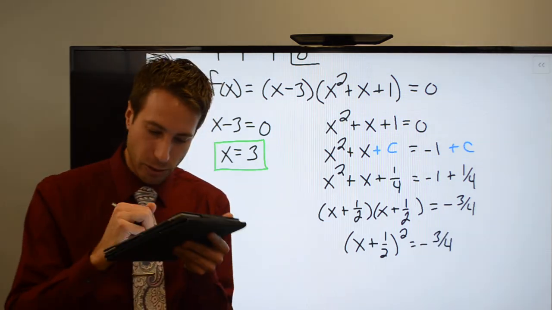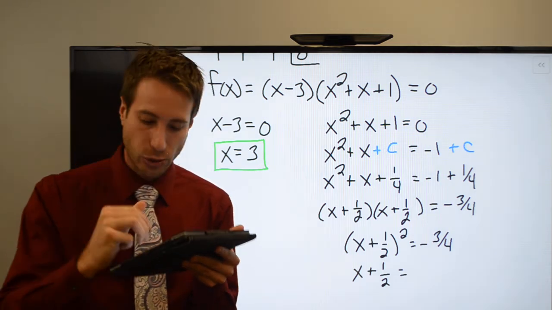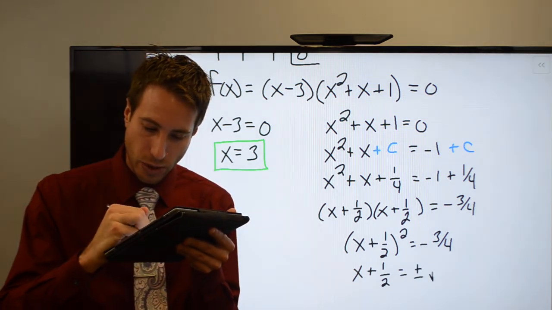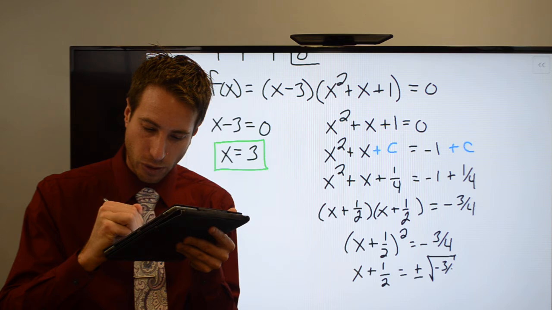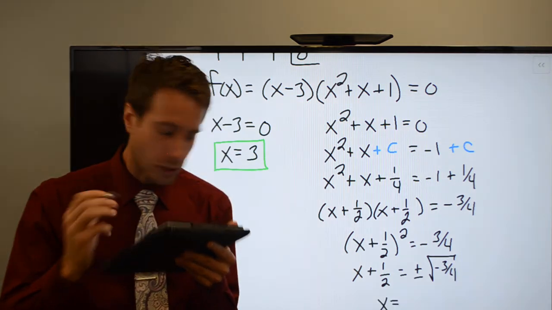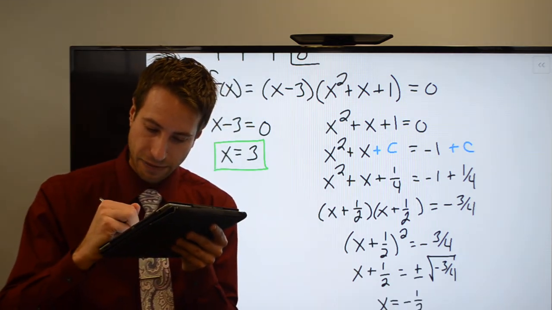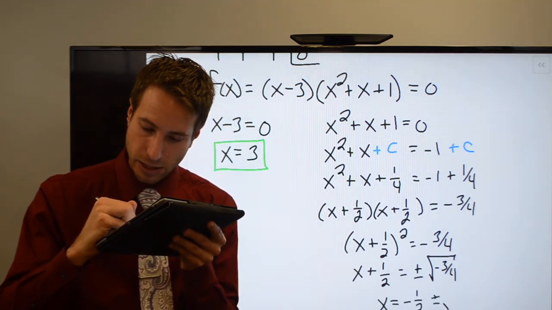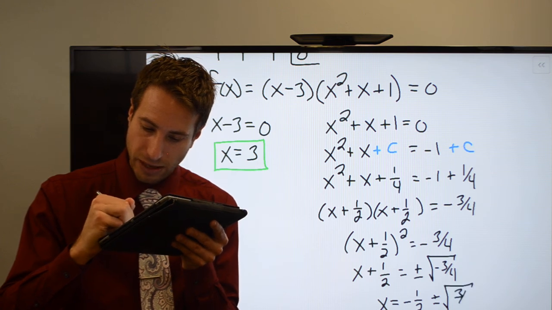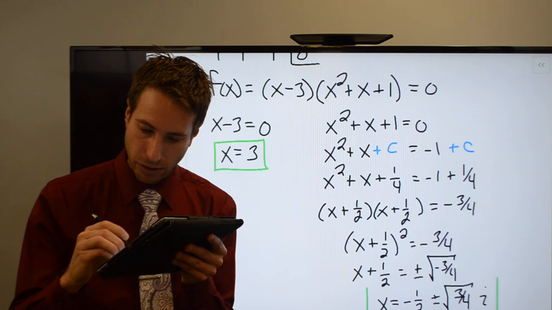Take the square root of both sides. X plus 1/2 is equal to plus or minus the square root of a negative 3/4. That's where the imaginary is going to come from. So x is equal to, subtract the 1/2 to the other side, minus 1/2 plus or minus the square root of 3/4 i. And there are my other zeros.